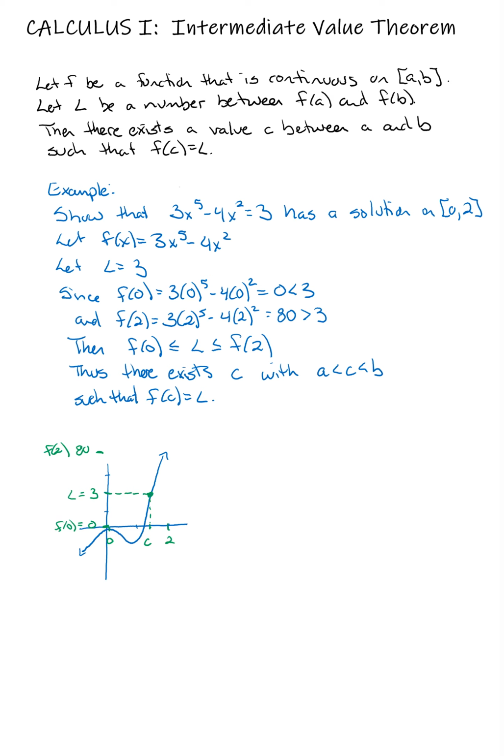In other words, there's got to be this value c. I don't know what it is, but I do know that it's got to exist such that f of c is equal to L, or f of c is equal to 3 in this case.